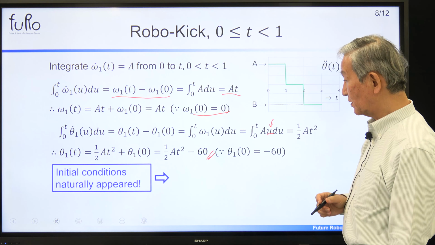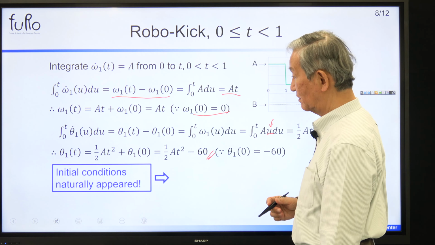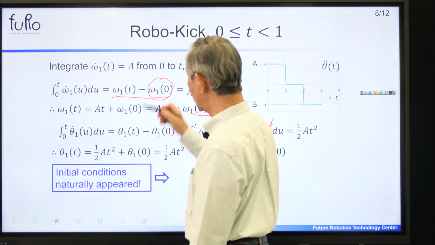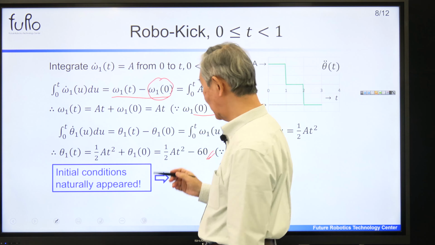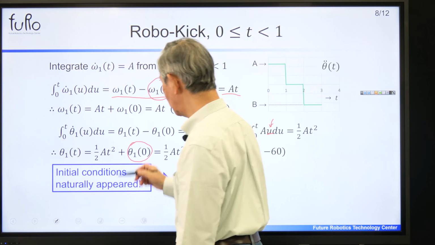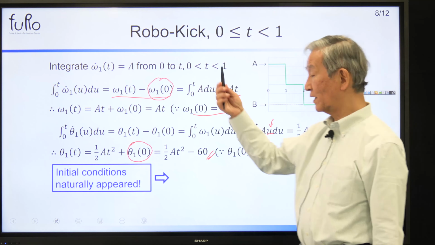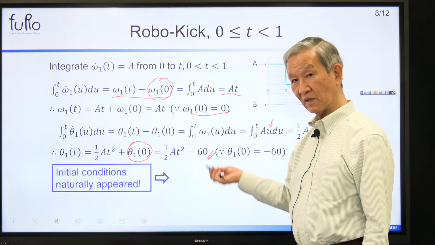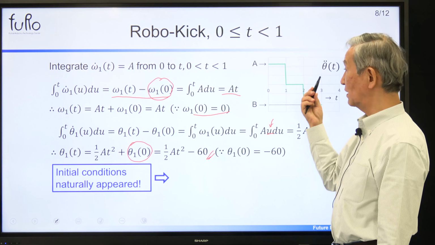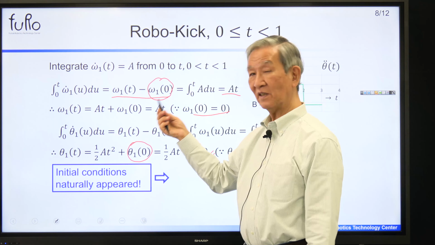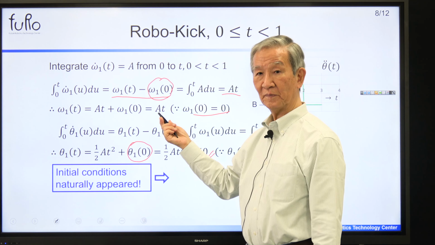So initial conditions naturally appear. Notice that when we computed that, this one naturally appeared, and this one naturally appeared. So by integration, starting from the acceleration and integrating it, you automatically need initial conditions.